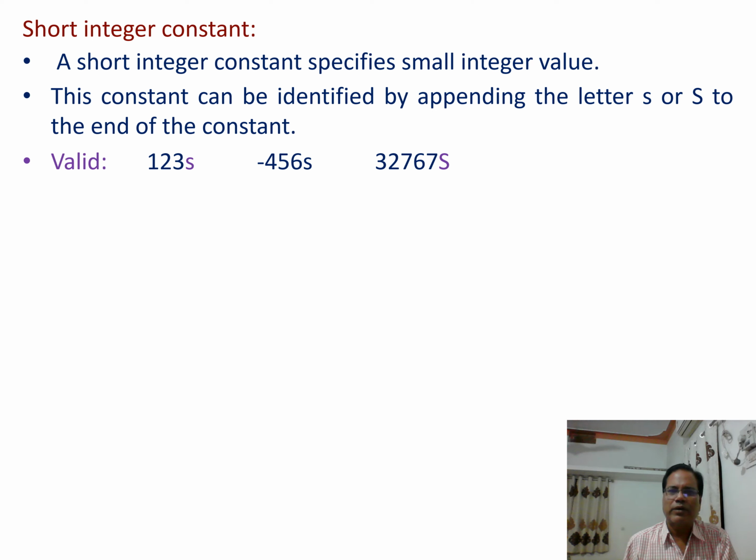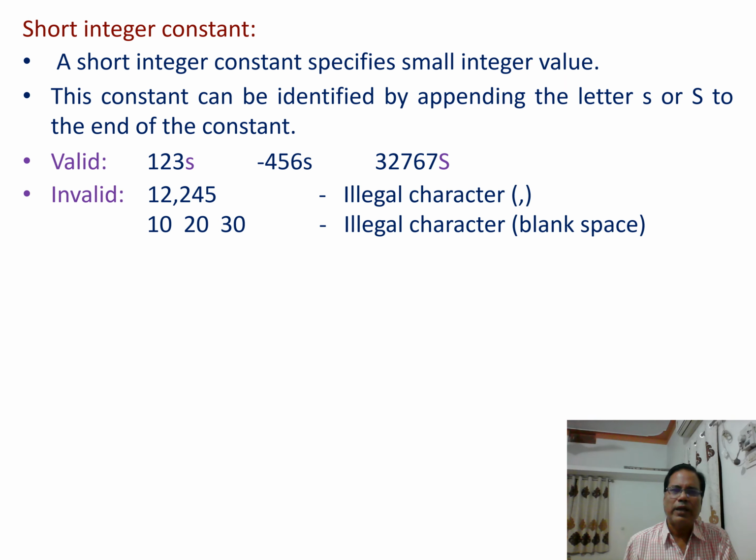Valid short integer constants are 123s, minus 456s, and also 32,767s. Invalid short integer constants are these. In the first illegal short integer constant, a comma is included, and in the second one, blank spaces exist between the numbers. So these are the invalid short integer constants.